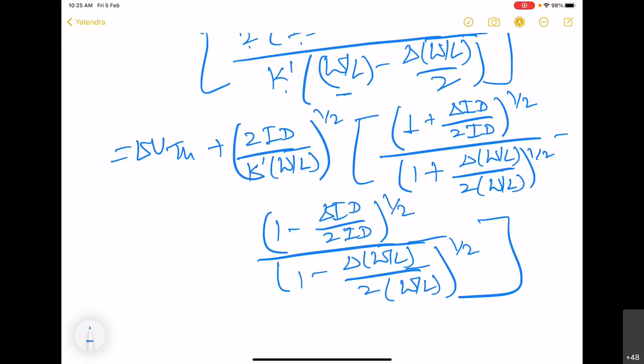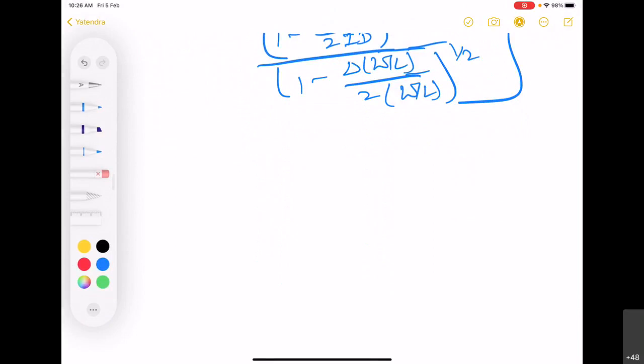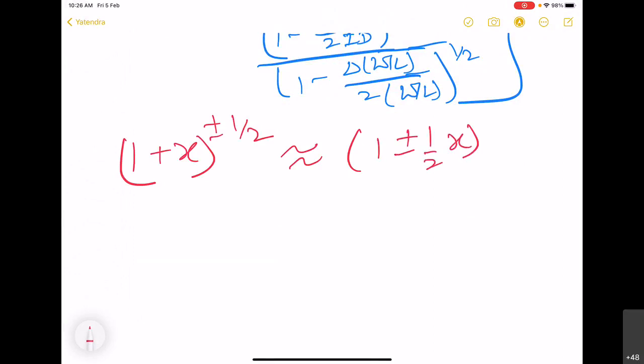So now we will do the approximation. There will be two approximations involved. The first approximation that we are going to do is using this formula, that is (1 plus x) raised to the power plus or minus 1 by 2 is approximately equal to 1 plus or minus 1 by 2 x, for x very small compared with 1.